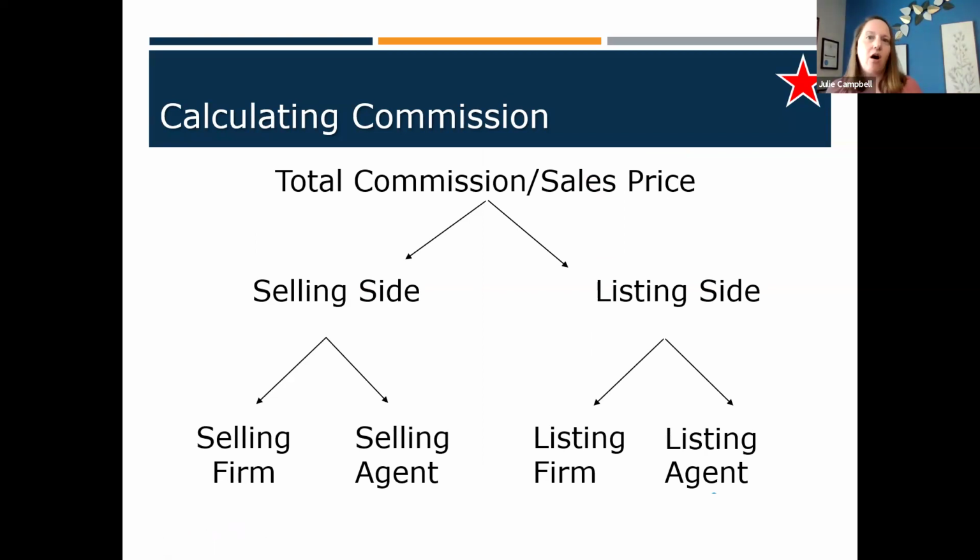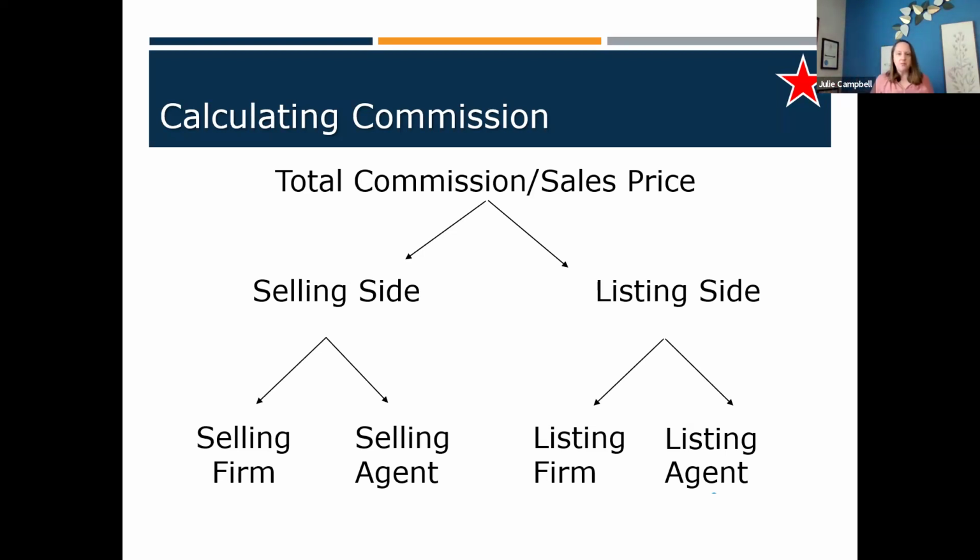The best way to prepare yourself for commission math is to practice, because when you practice, you expose yourself to the several different ways they can ask you the question. But it can all be solved using this commission math. So we start at the top with our commission or our sales price. Maybe they give you the total commission, maybe they tell you how to find the commission, maybe they tell you the side. They're all different. The map is the guide. It gives us our basis.